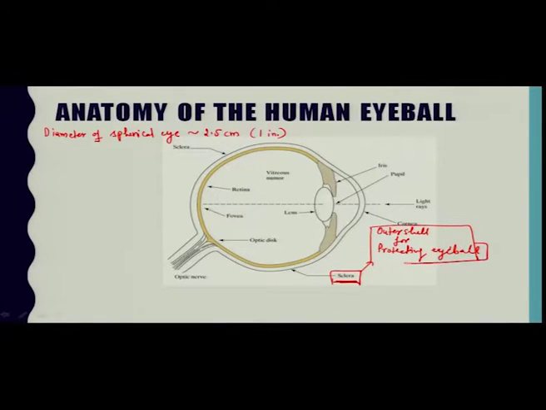And it is filled with a transparent jelly-like fluid that maintains the eyeball's spherical shape. So this particular vitreous humor is the fluid that is present inside this sclera, and which helps in maintaining the eyeball's spherical shape.